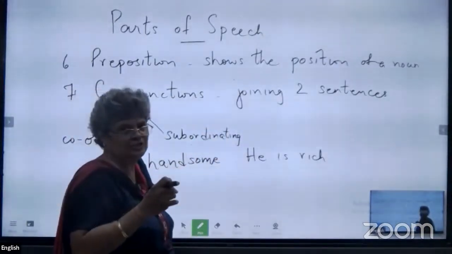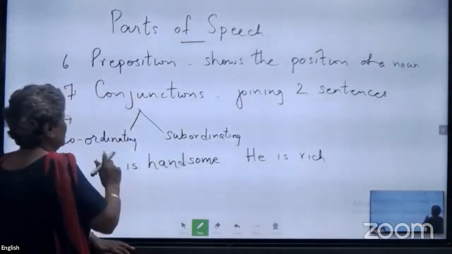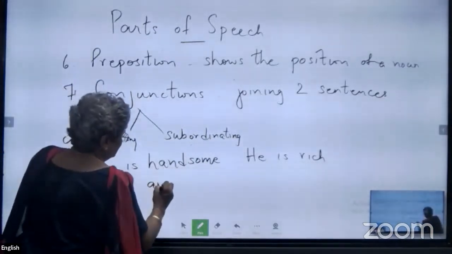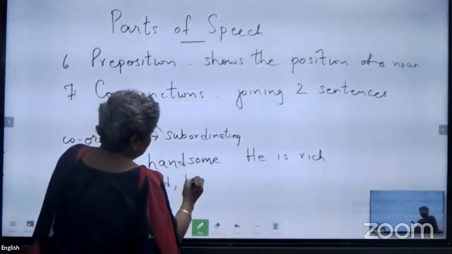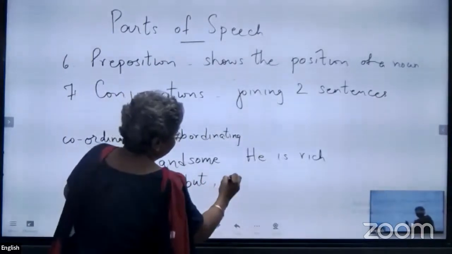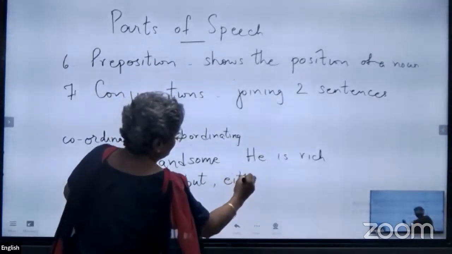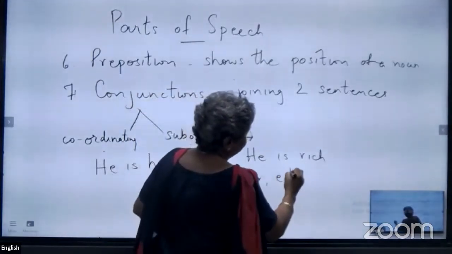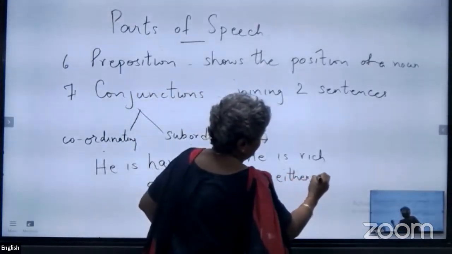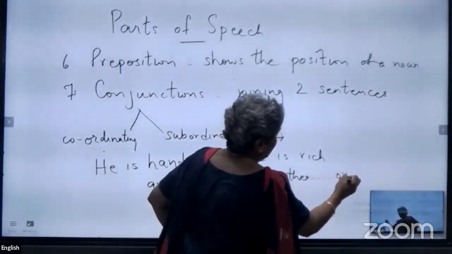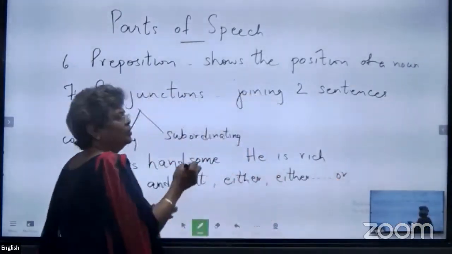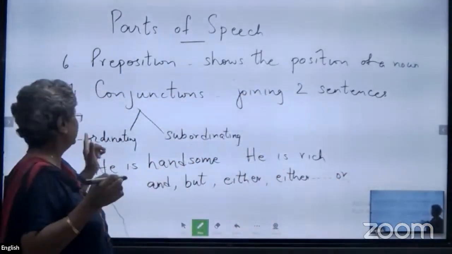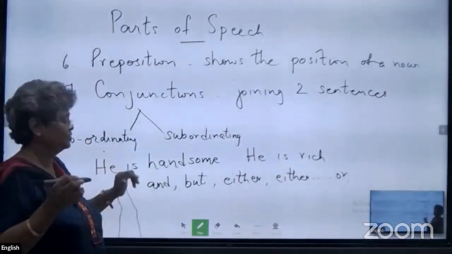Did you understand, children? Coordinating: and, but, either, or, neither nor, not only but also, all these are coordinating conjunctions.